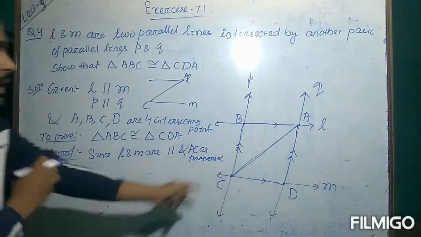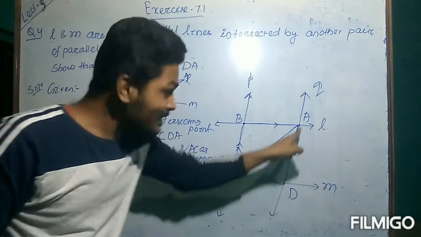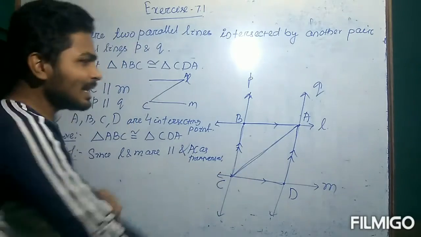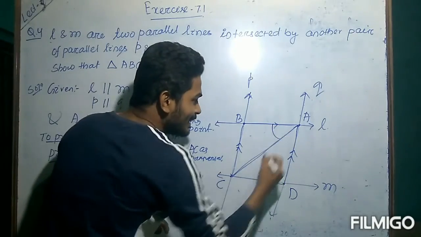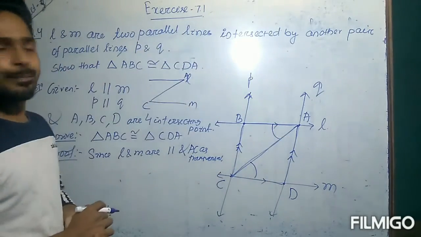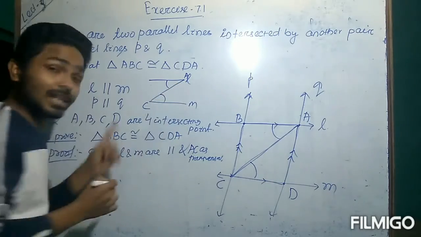Then tell me, if L and M are parallel lines and AC is a transversal, can we say this angle and this angle are equal?